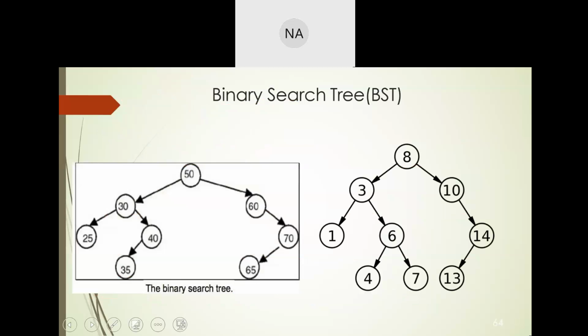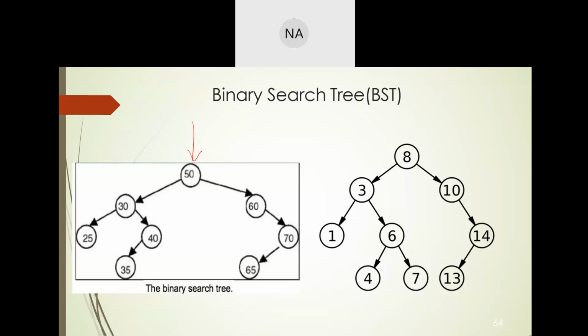For example, see this binary tree. This is a binary tree because the degree of each node of this tree is either 0 or 1 or 2. You have at most 2 children of any node. Now check if this binary tree is a binary search tree or not.